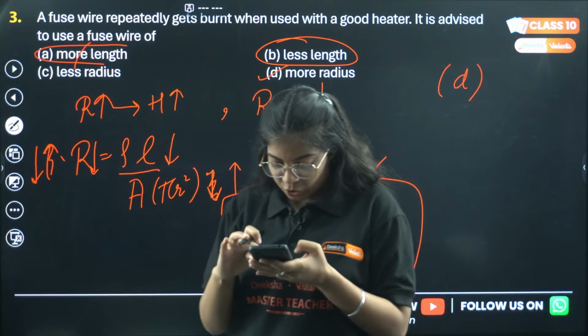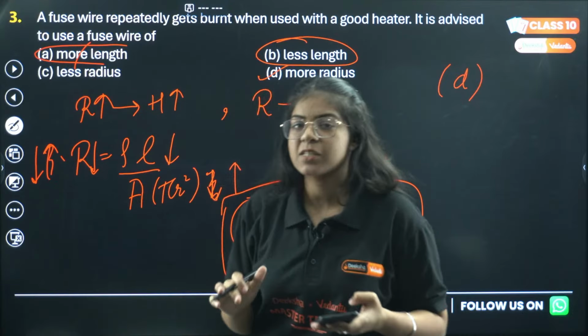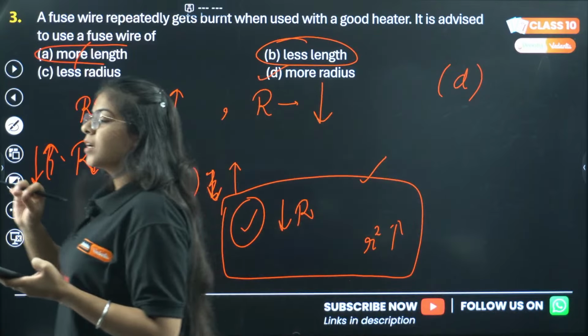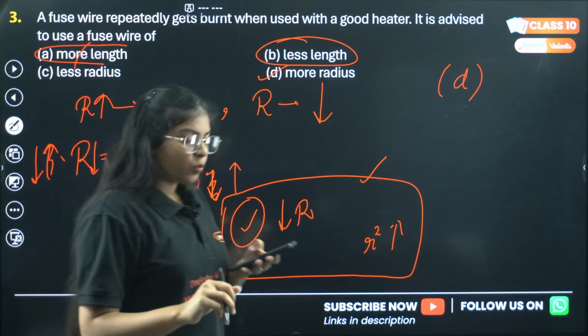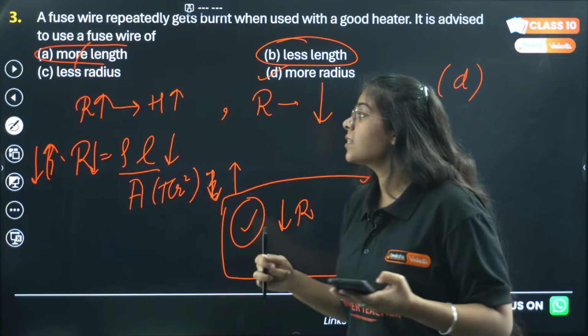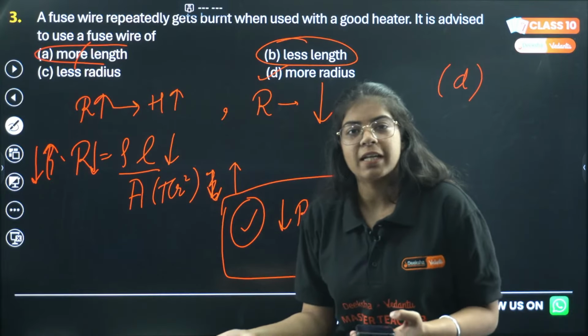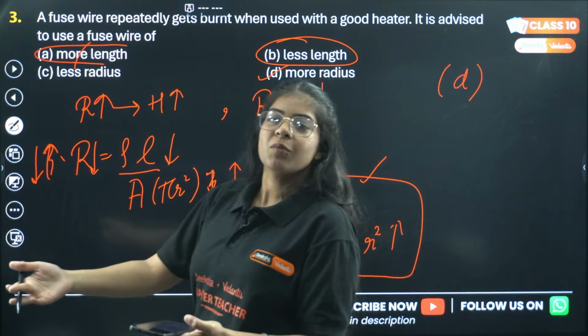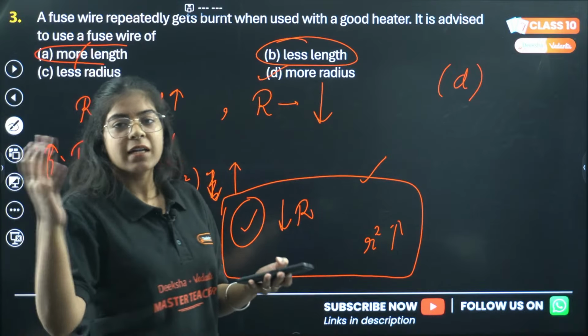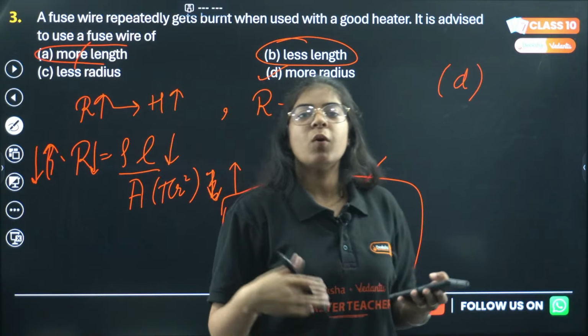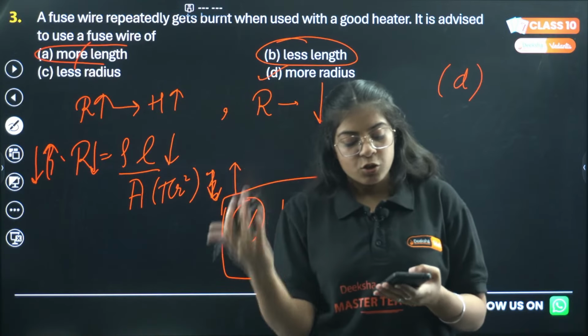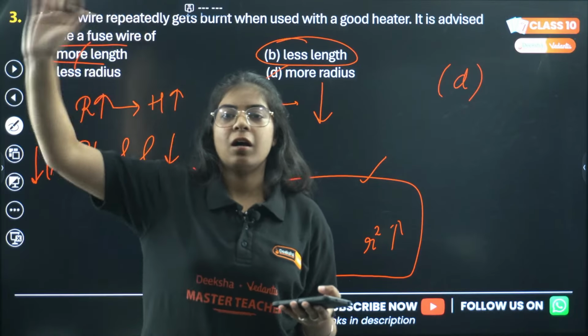Fuse wire is meant to burn if excess current is passed. Yes, that is the correct explanation, Rohit. But what I'm trying to say is, if our fuse is getting burnt every time, our circuit will break every time, right? So what is the use of using a fuse which is getting burnt every time, even if the current is not passing above the limit?